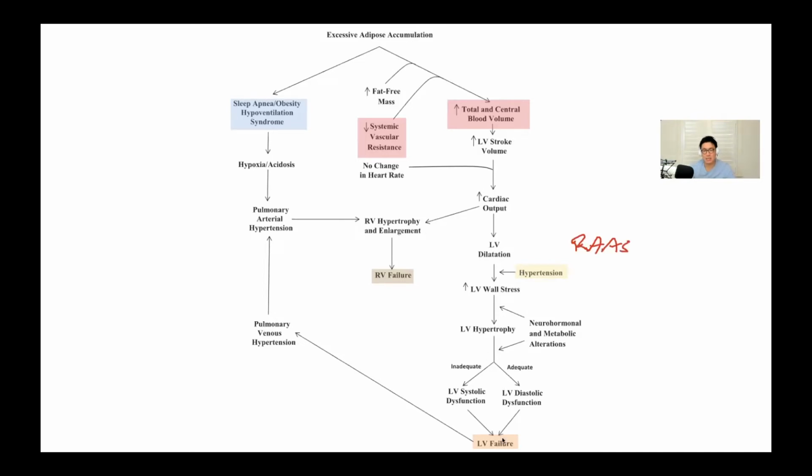And this leads to left ventricular failure. And then after that, you've got OSA and obesity hypoventilation syndrome with left ventricular failure, causing pulmonary arterial hypertension, increasing your right ventricular afterload, which causes hypertrophy and subsequently right ventricular failure.